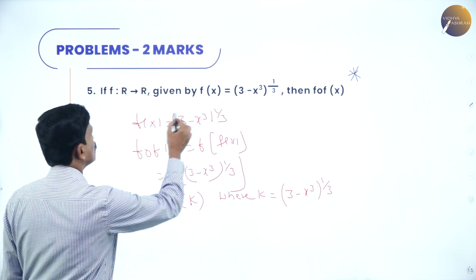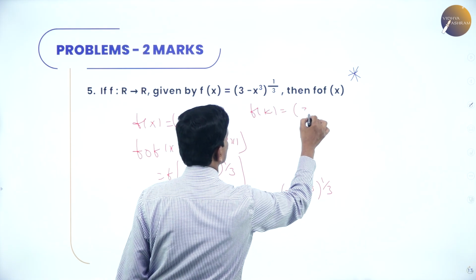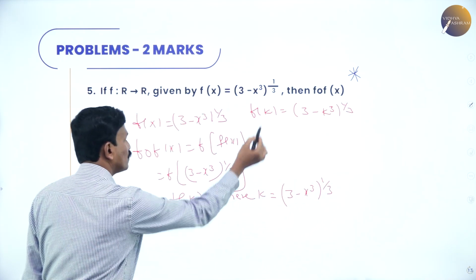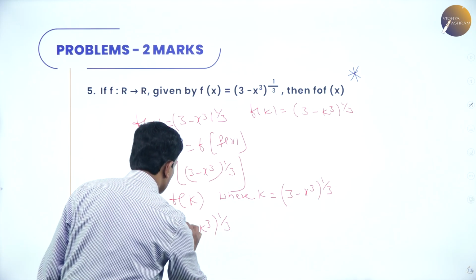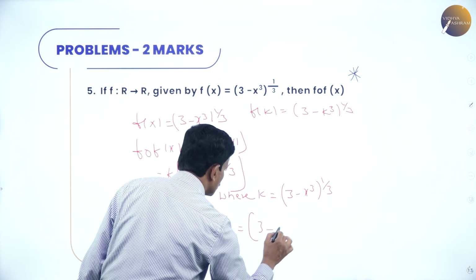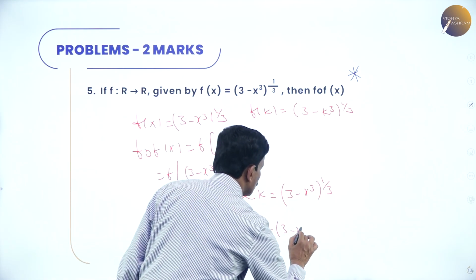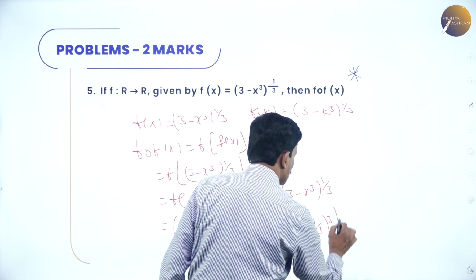Since f of x is equal to this much, if I replace x by k, f of k is equal to 3 minus k cube whole raised to 1 by 3. Now just replace k, that's all. What is k? k is equal to 3 minus x cube whole raised to 1 by 3, whole raised to 3, whole raised to 1 by 3.